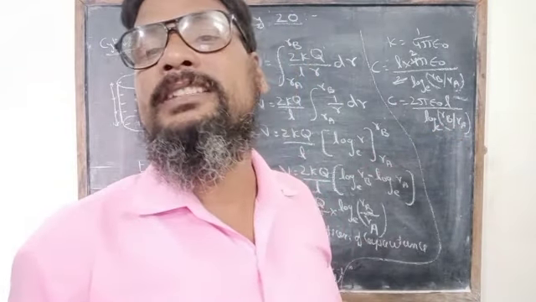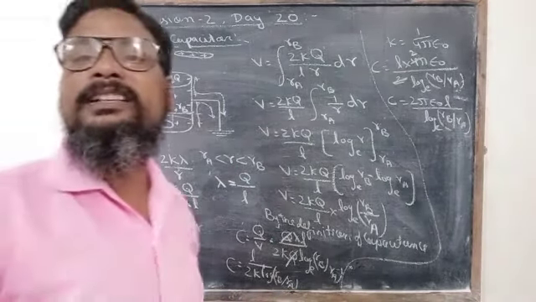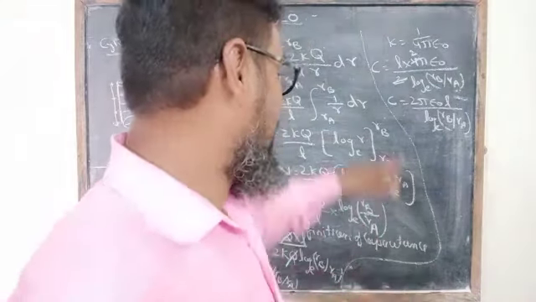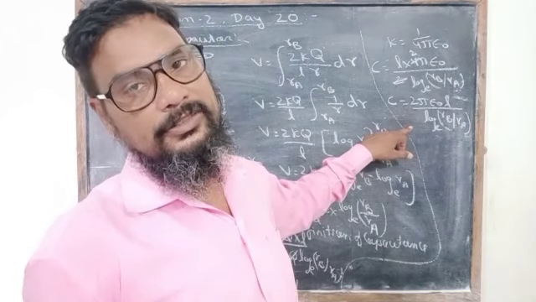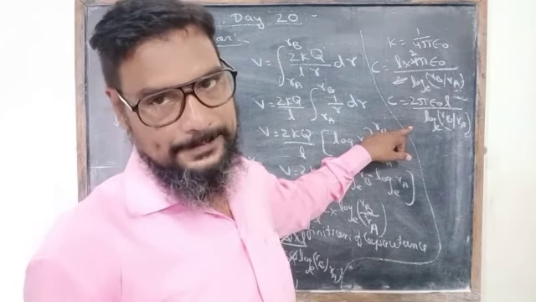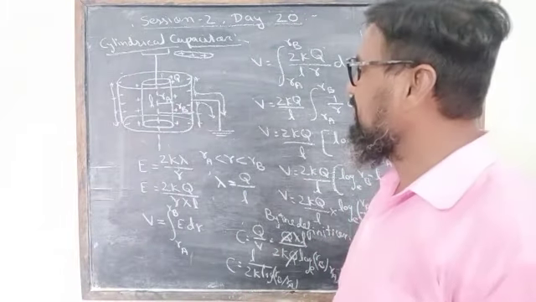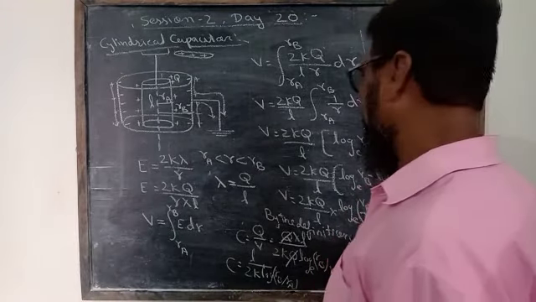This is the expression for the capacitance of a cylindrical capacitor, and the numerical problems in the additional exercise are given on the basis of this. So you see the derivation for this special type of capacitor.